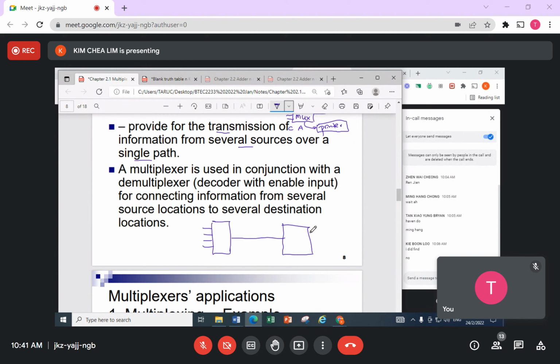All right. So you find that this is my multiplexer used together with a demultiplexer. The demultiplexer has an inverted structure compared to the multiplexer. So the demultiplexer has 1 input, and in this example, 4 outputs. The demultiplexer also has a selector, and these two will be synchronized.